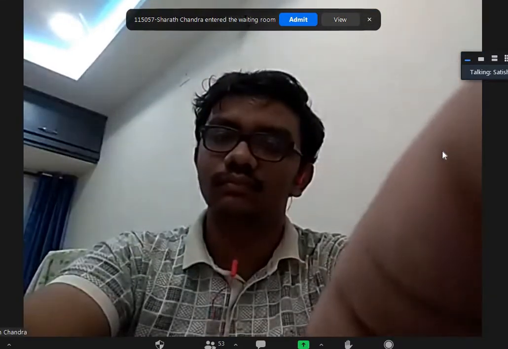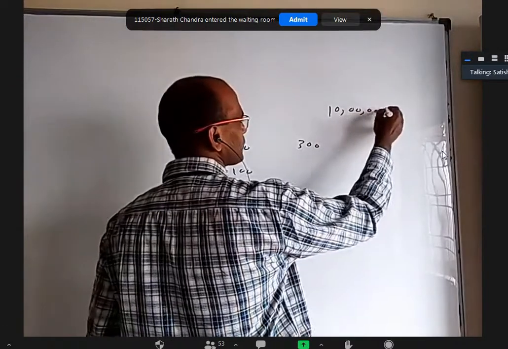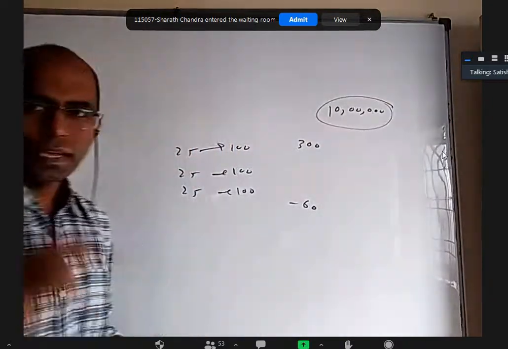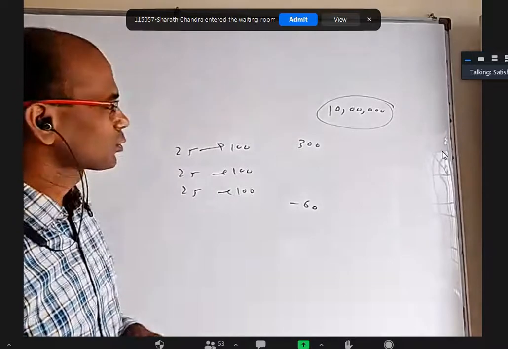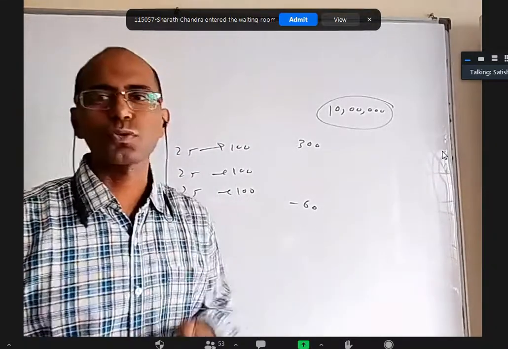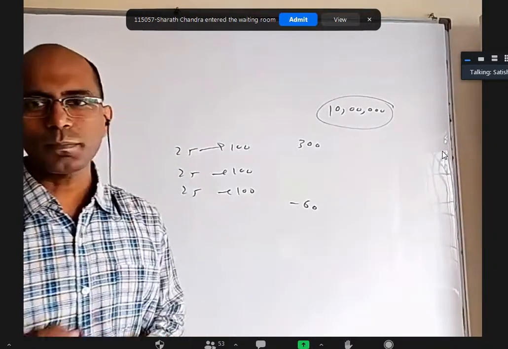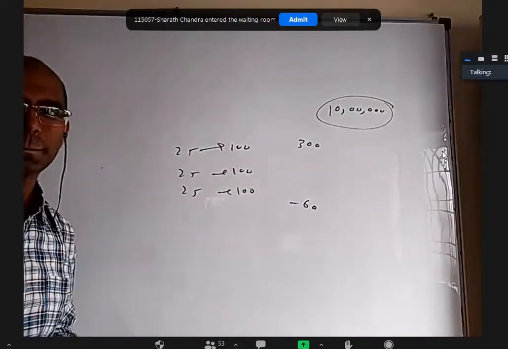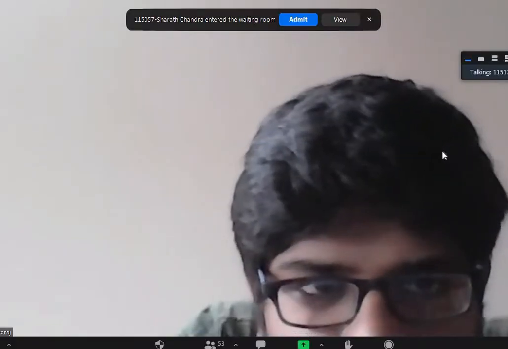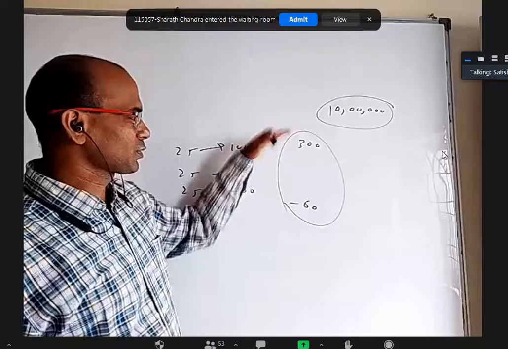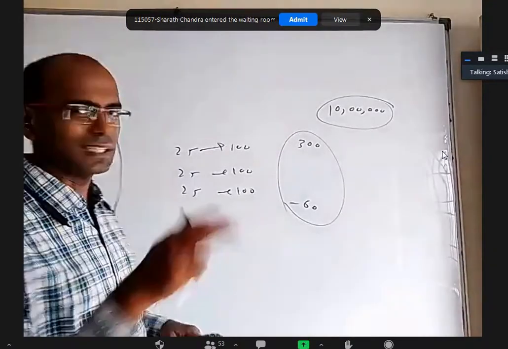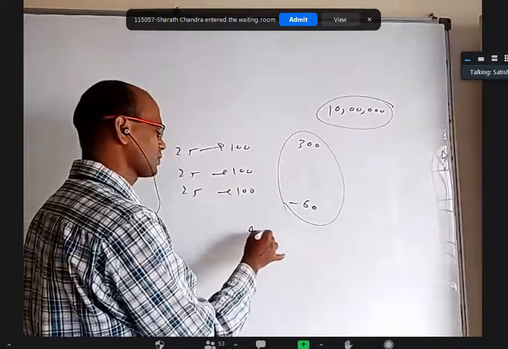Let us say 10 lakh people write the exam. And everybody's marks are between 300 and minus 60. So if there is a 1 mark difference between 2 students, how many ranks difference will come? Sir, many ranks. Thousands. So everybody's marks are these numbers only, minus 60 to 300, that is around 360 numbers. Let me give it as 400 numbers.